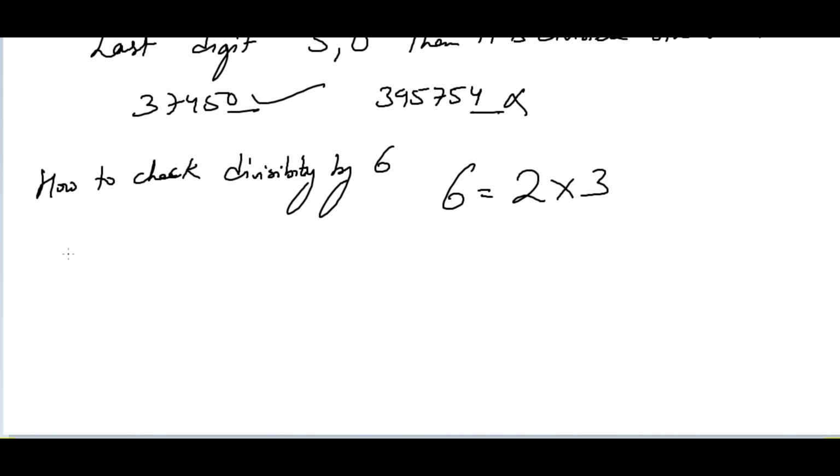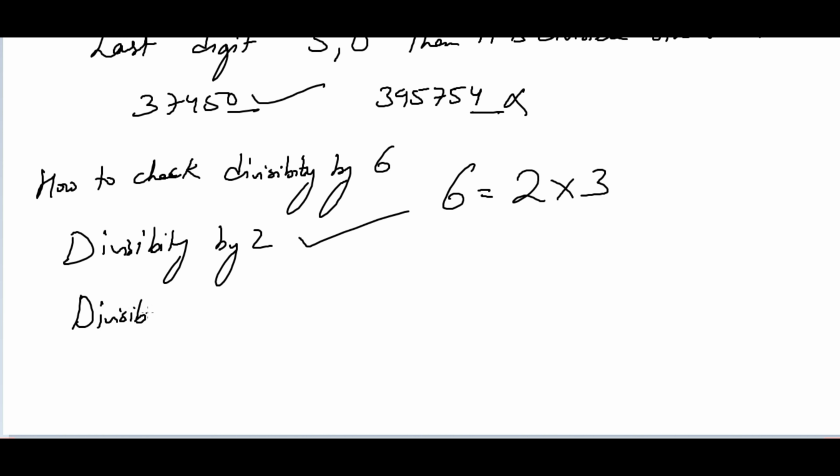So if we check the divisibility by 2 is correct, and divisibility by 3 is correct, then if both the things are satisfied together, it is divisible by 6.